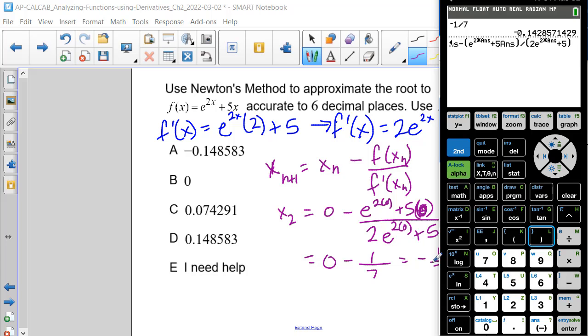And then if we close that parenthesis, now we evaluate, and this is a little bit more accurate.